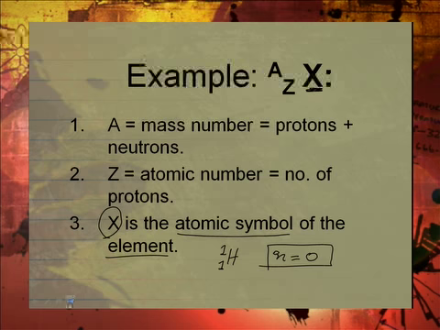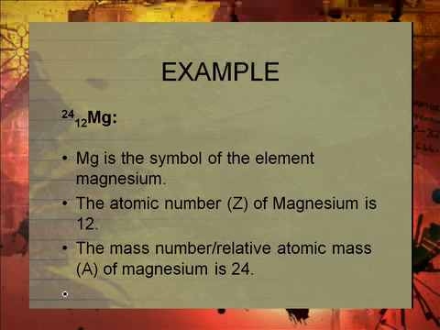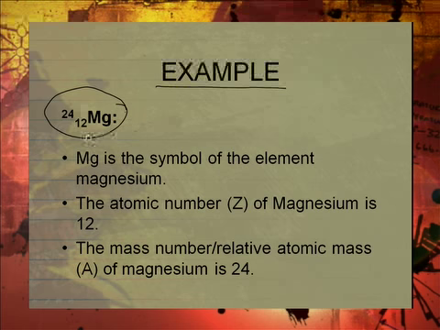Now, moving on with an example. Here I've got an atom of magnesium. So this is your A and this is your Z. This means that Mg is the symbol for the element magnesium.